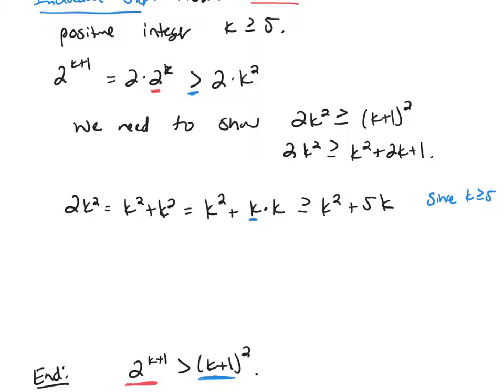So now let's see, what do I got? I can split this up. If you look at what you're trying to go to, right, we're trying to show this is true. Look at my coefficient on k, it's a 2. So I can break this up, k squared plus 5k, as k squared plus 2k plus 3k.